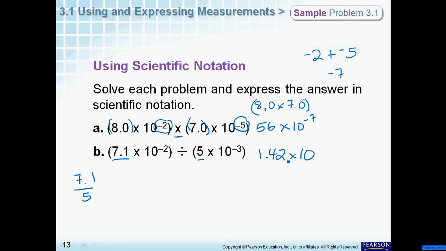It's always going to be times 10. Now I need to subtract my exponents. -2 minus -3. Anytime I'm subtracting a negative, it's the same thing as adding a positive. So -2 plus 3 comes out to +1. So my answer is 1.42 times 10 to the first power.